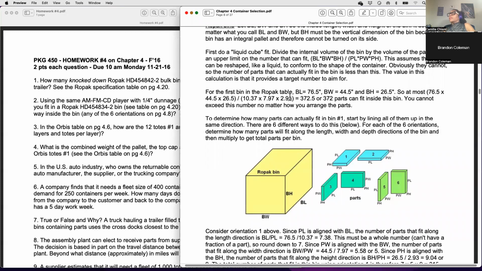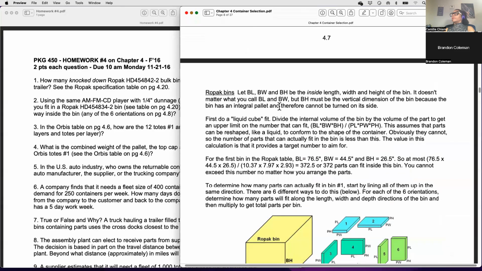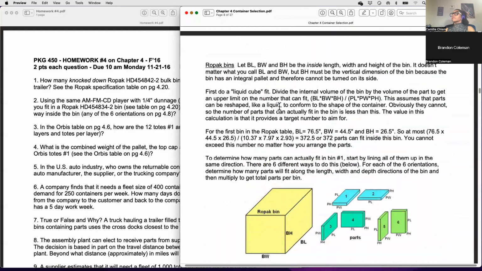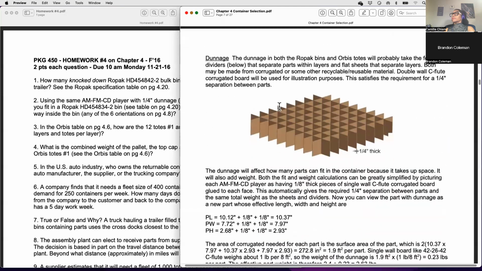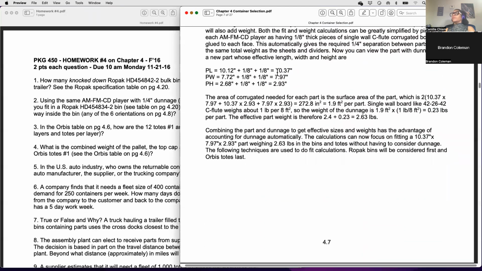Okay, so this one, they took the bin length of 76.5, the width of 44.5, and the height of 26.5, and then they divided it by the dimensions that we have here, the 10.37, 7.97, 2.93 again.